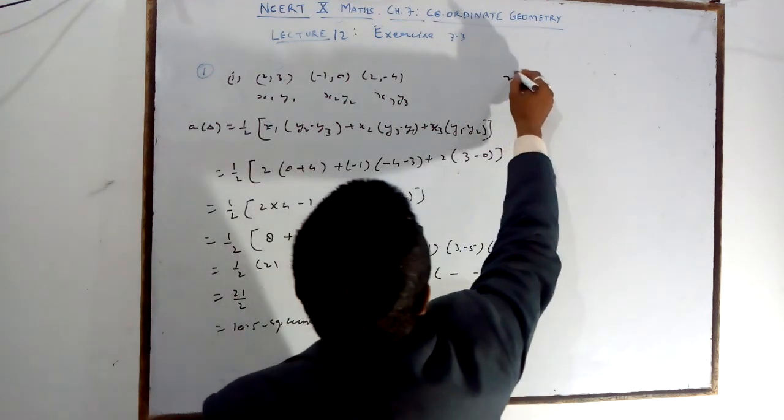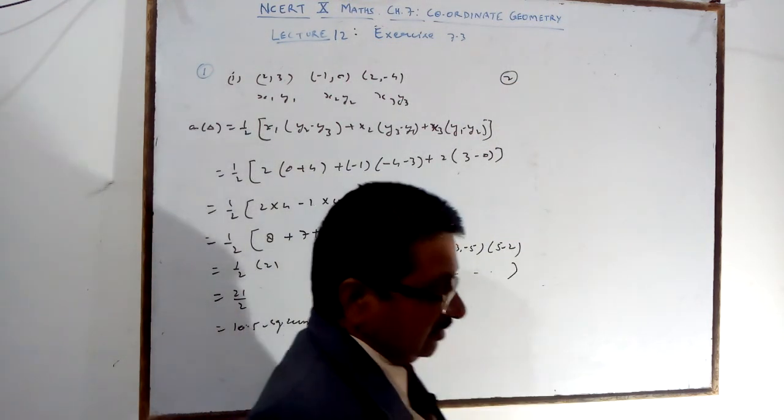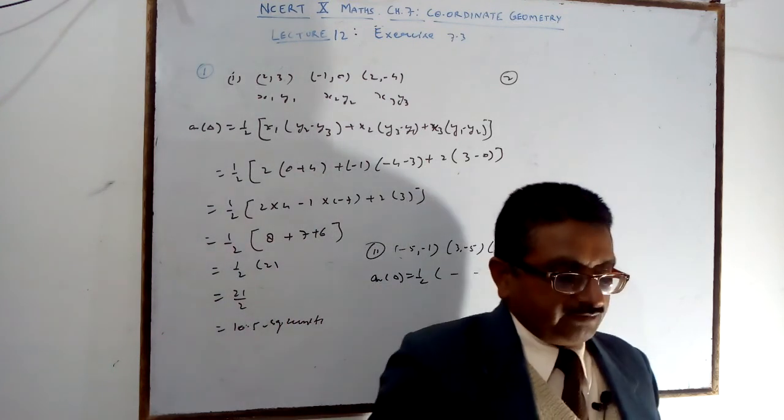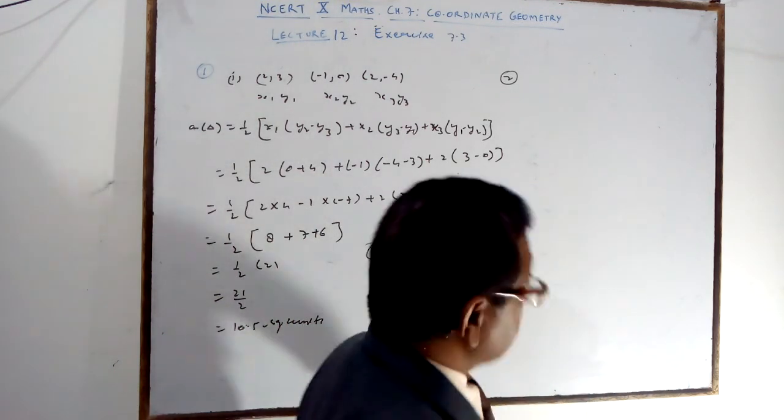Next, question number 2. In each of the following, find the value of k if the points are collinear.